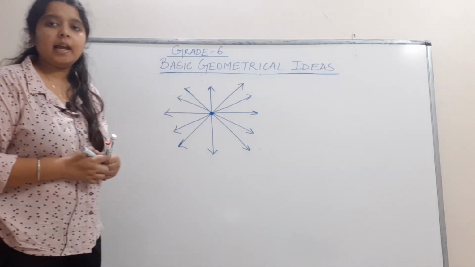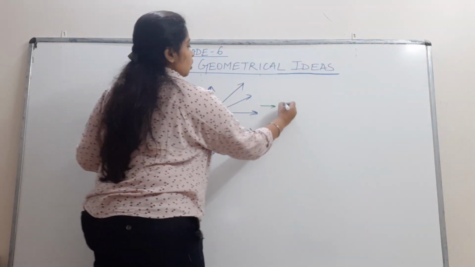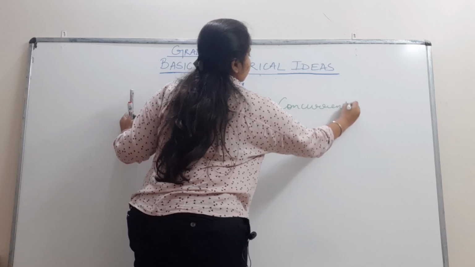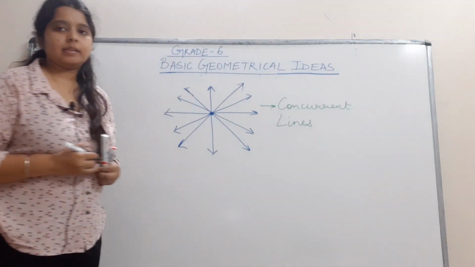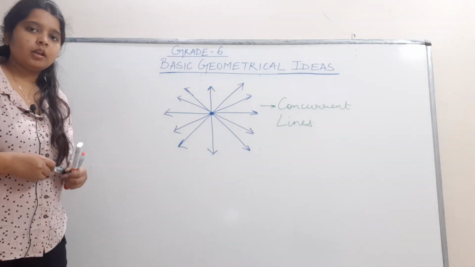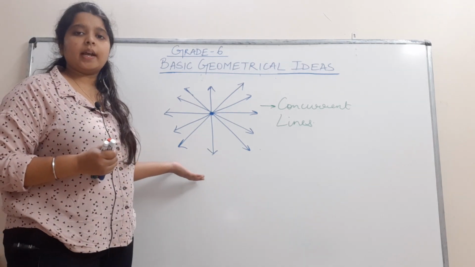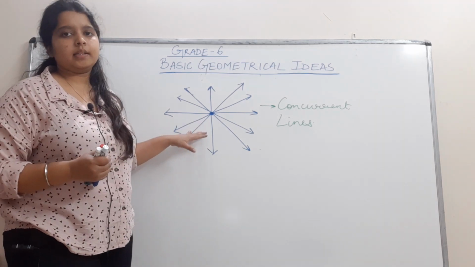These lines are known as concurrent lines. So, the three or more lines which meet at a point are known as concurrent lines.